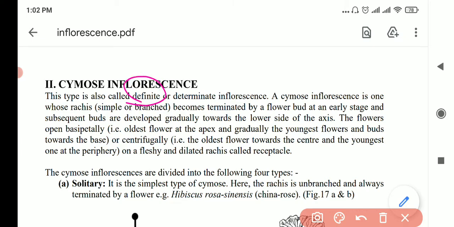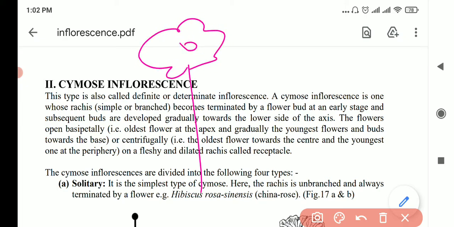It is one whose rachis becomes terminated by a flower. So this stem ends in a flower. Then the new flower buds, if it ends in a flower, so it grew here, it stopped and ended in a flower.